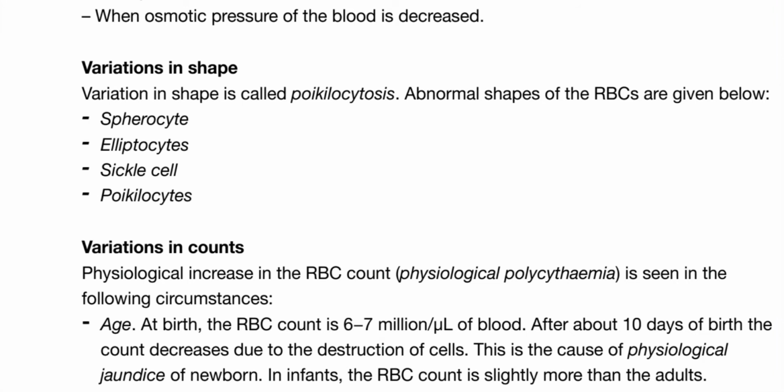Elliptocytes means the shape becomes elliptical. Sickle cell means the shape of the RBC becomes like a sickle, and it is seen in sickle cell anemia. Then poikilocytes.